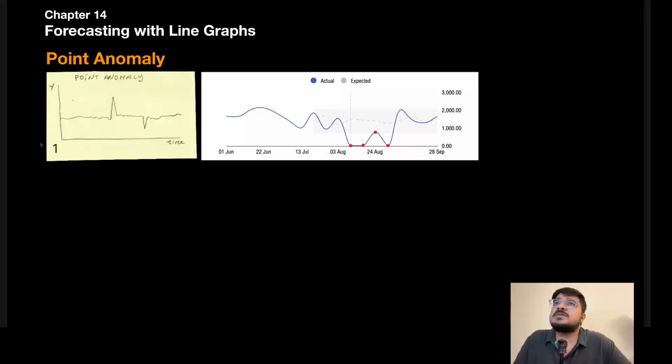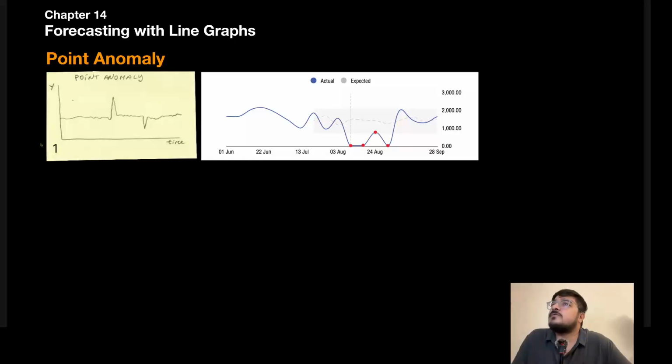It has this pattern. On the left hand side you can see, and on the right hand side, the actual and expected, there are two lines. The blue line is your actual pattern. Now you can see that gray background color in some span. That is where you can see the dotted line. That dotted line is the expected line if everything would have gone normal, based on the values. But it's not like that.